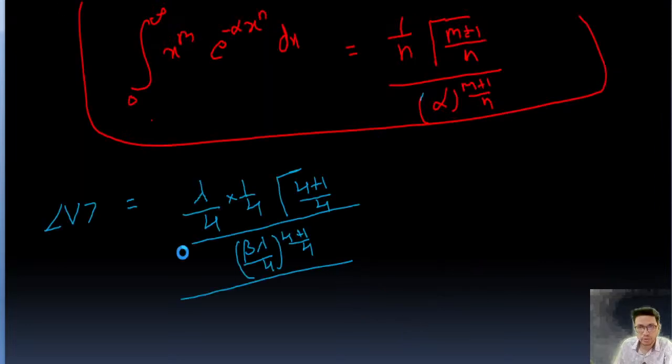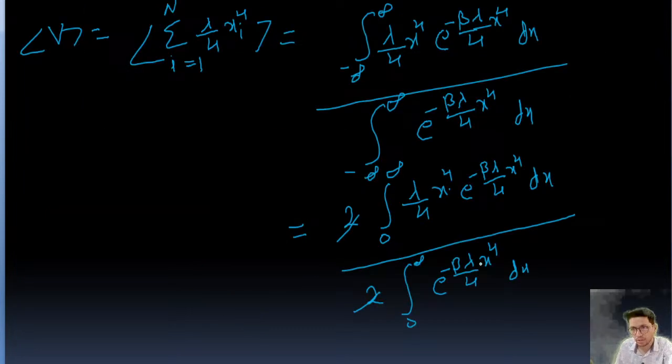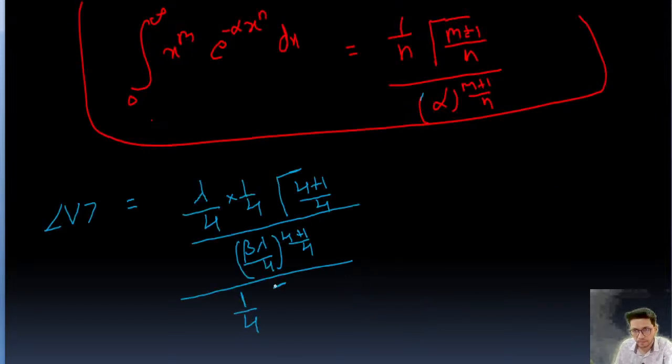So then this is going to be 1 by 4 into gamma of (0 plus 1 by 4), because the power of x is 0, upon alpha, this one, beta lambda upon 4, to the power 0 plus 1 by 4. Very important step.